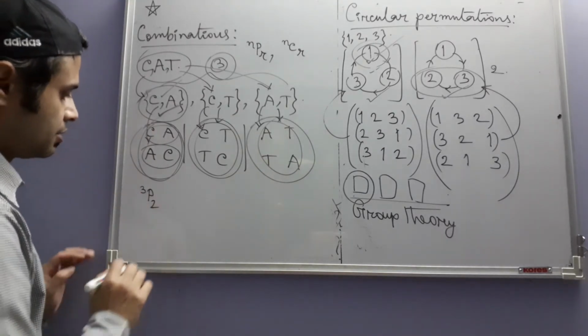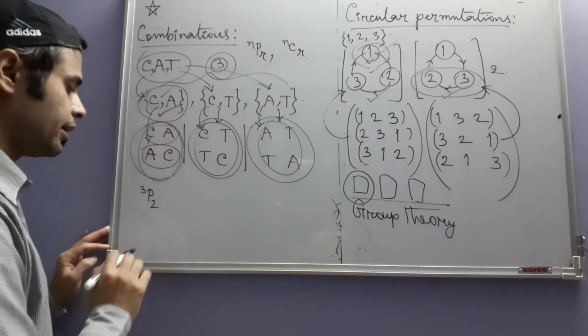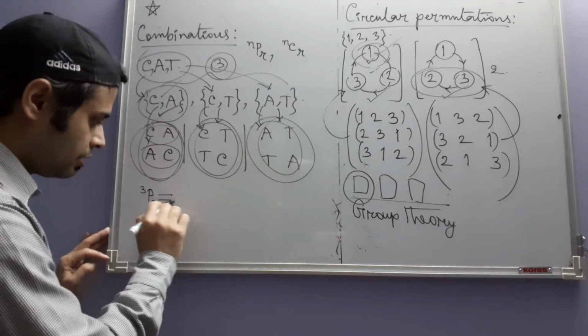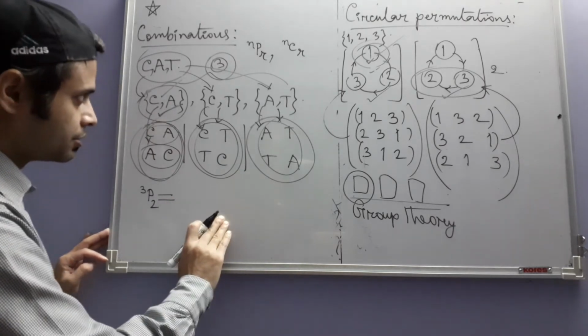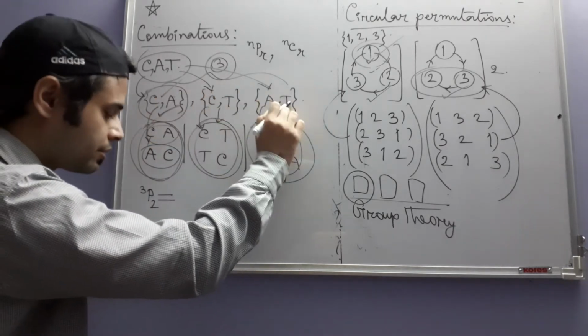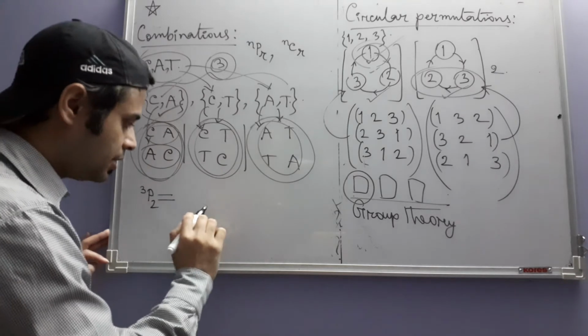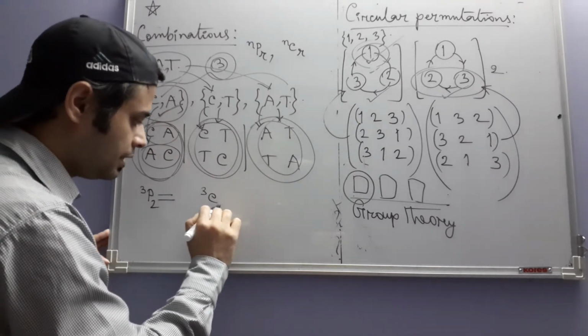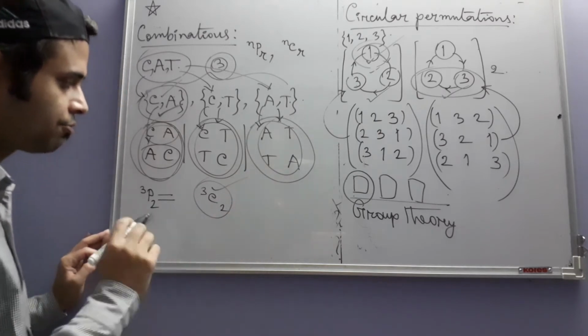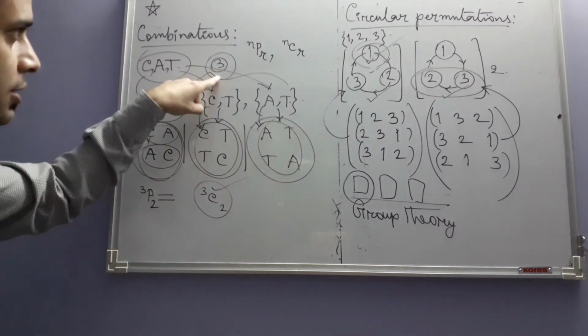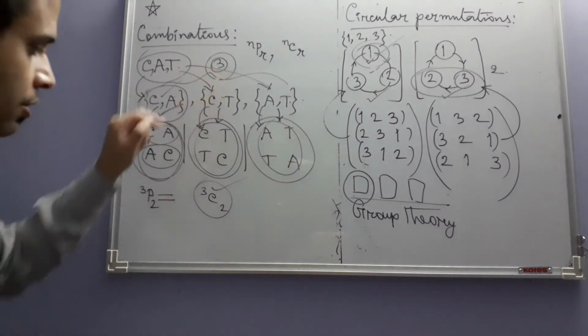So that means the 3P2 that I am getting is actually the number of combinations, which in this case is 3, in symbol, that is 3C2, which we don't know. Okay, this is what we want to find. In this case it is 3, but in general we don't know.